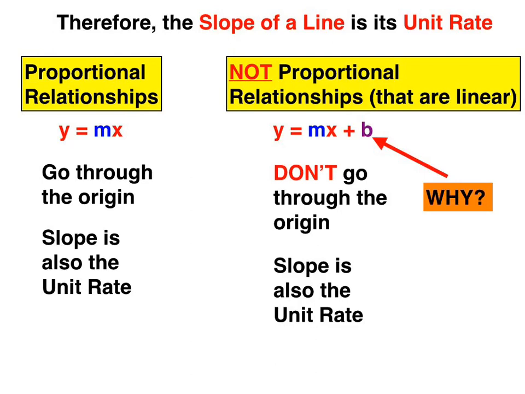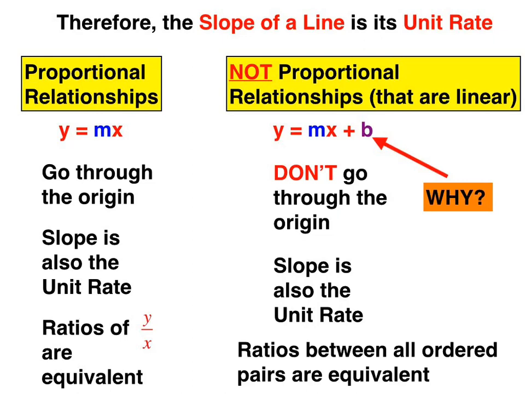Some of these things are in your notes, some of them are not. In proportional relationships, the ratios of y over x are equivalent. And as we found out yesterday, when we're talking about linear functions that are not proportional, the ratios between all the ordered pairs are equivalent. And I've already explained today how those two things correlate with one another.